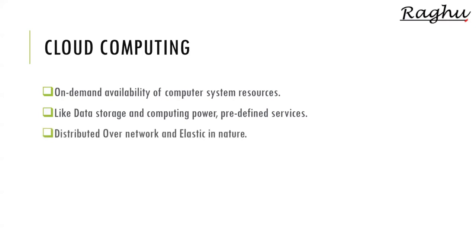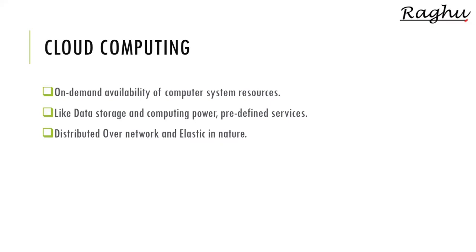This cloud computing is distributed over a network, which means you can access it by sitting at your home. Just internet connectivity is required, and it is elastic in nature. Elastic means you have taken some resources, some hardware configuration, you paid for 5 GB of RAM, you can increase that 5 GB to 8 GB based on your usage, and you can reduce it too.